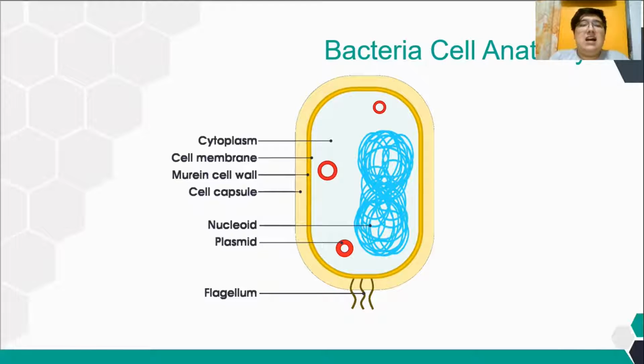We can see a little cell membrane, the cell wall, and a cell capsule. And finally, at the bottom of the picture, we can see three little flagella. The function of these flagella is to allow the bacteria to move.